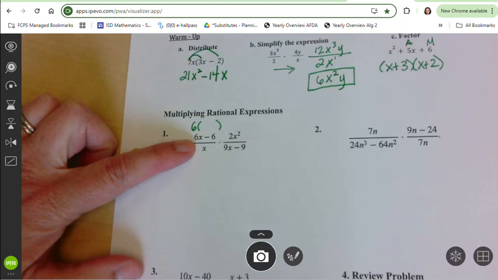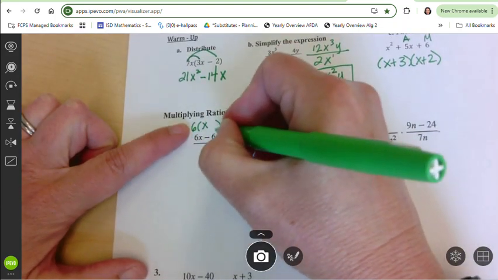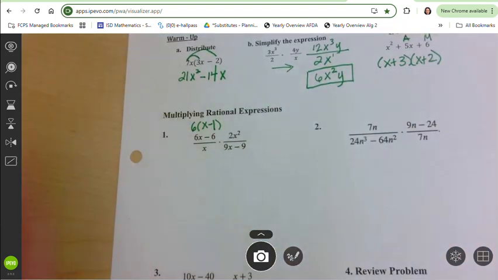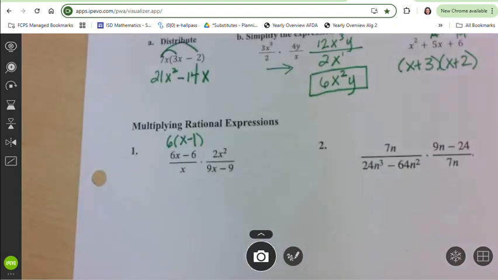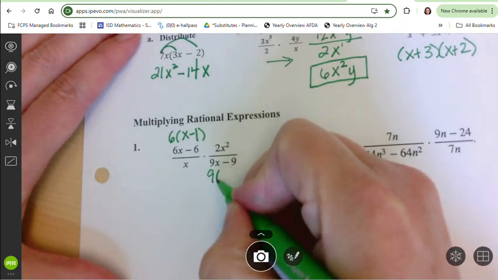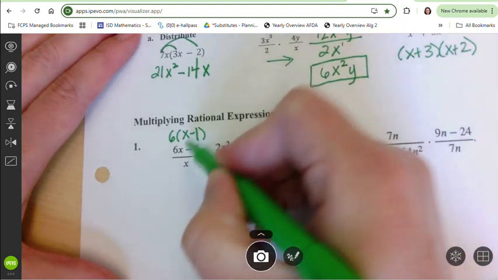When I divide 6x by 6, I get 1x, and when I divide minus 6 by 6, I get minus 1. You can do the same thing for the 9x minus 9. You can factor out the 9, and we have x minus 1.